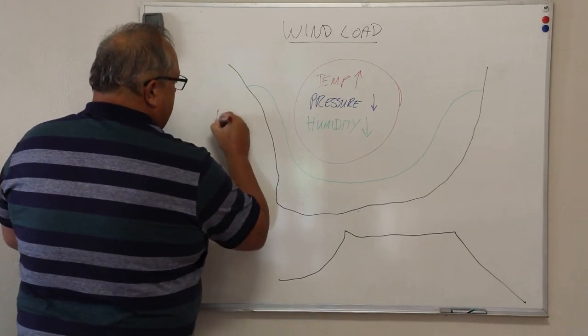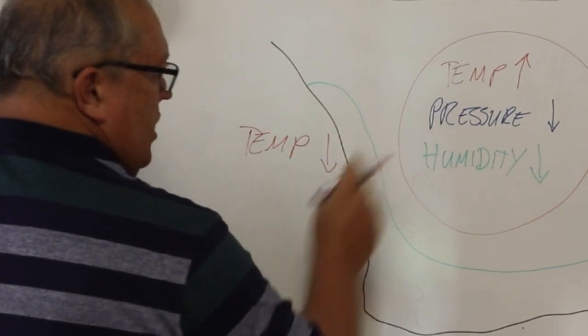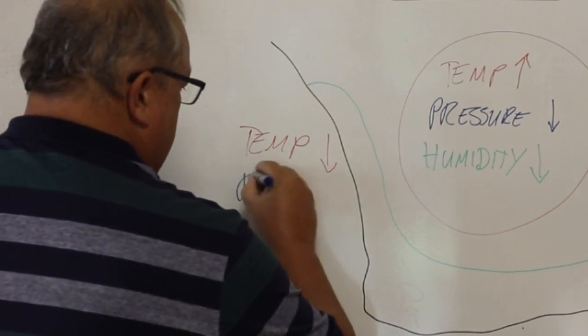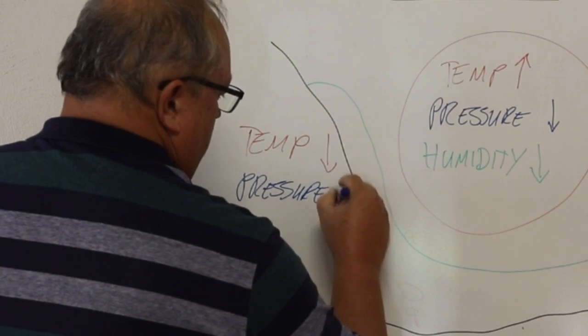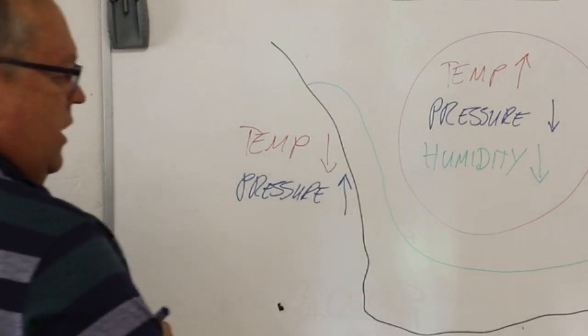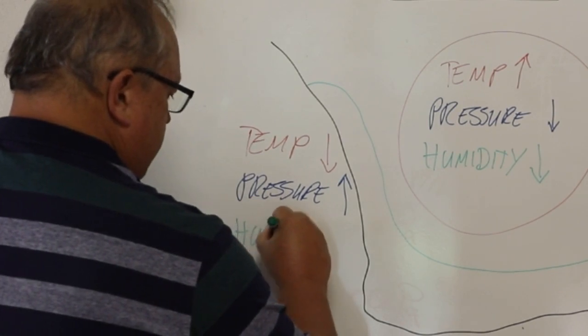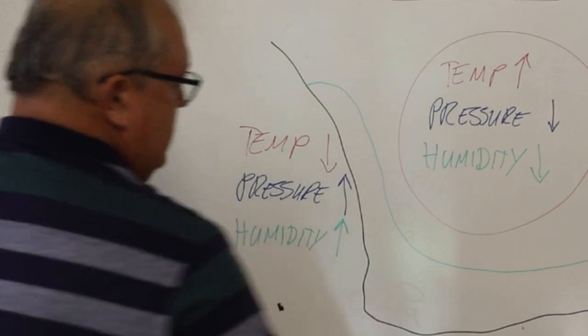Now, in our coastal belt, the opposite is true. Generally speaking, our temperatures are lower than in the center of the country, our pressure is higher, and our humidity is higher.